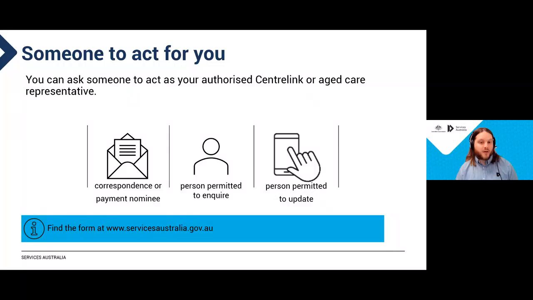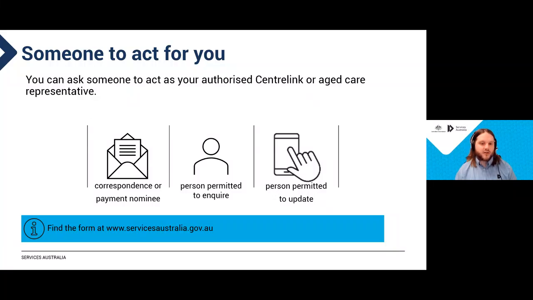You can choose to have a payment nominee, somebody who receives the payment on your behalf, a correspondence nominee, somebody who receives a copy of your mail from us and is able to then help you make updates and changes to your record. You can be a combination of the two and have both of those arrangements in place at the same time, or you could be a person permitted to inquire or make updates to the record without having to go down the correspondence nominee path.